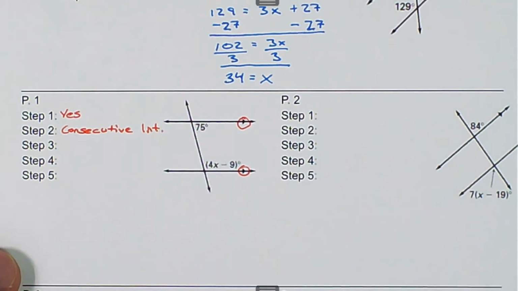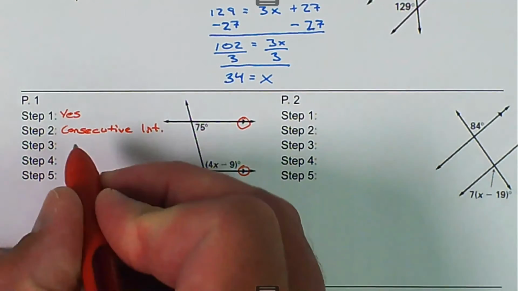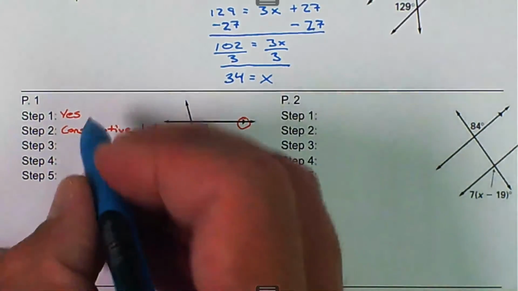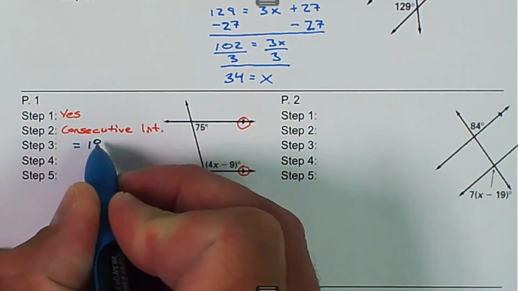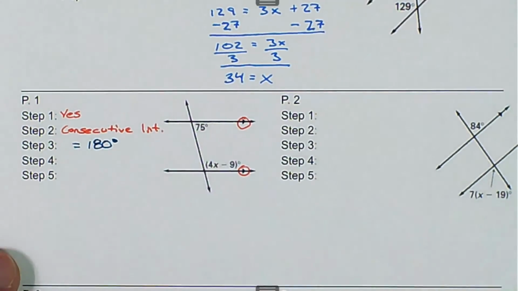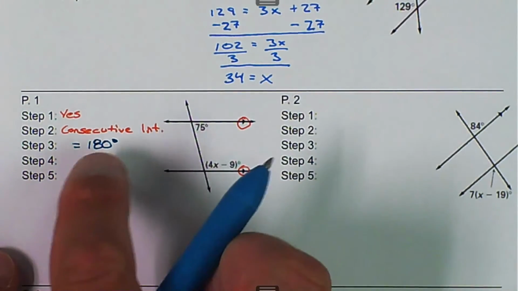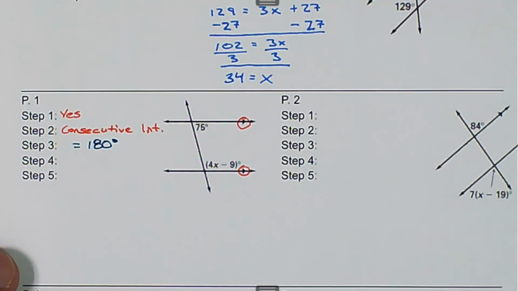And what's the relationship? In this case, they both add up to equal. If we add them together, they'd be 180 degrees. So we can write our equation. The two angle measures added together should equal 180 degrees.